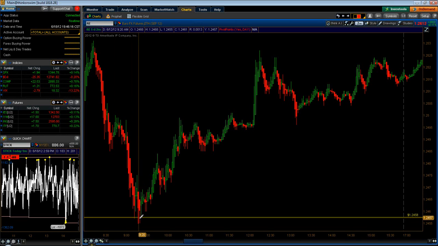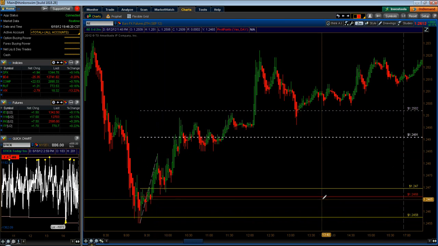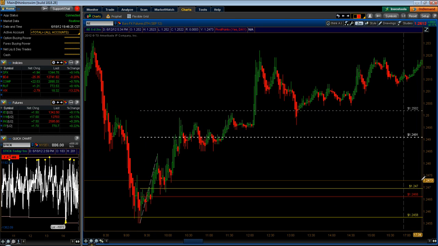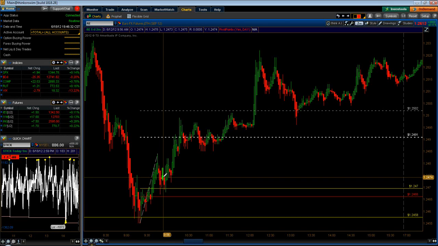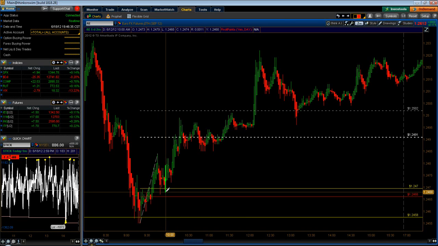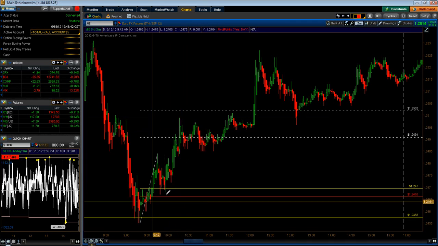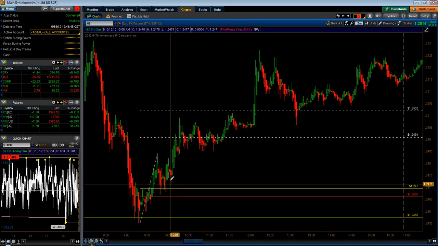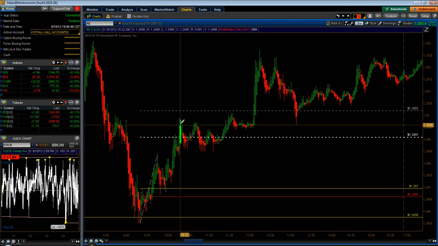There was some support here, so I'll draw from lows to highs, place my order a tick in front, or a pip rather, being the euro, a pip in front, so 71s, stop at -8, and then once we get that +4 hit, I'll go ahead and move my stop to -4 and keep it there for some time until we get up out of that, at least 12, 16 pips before, continuing to tighten.